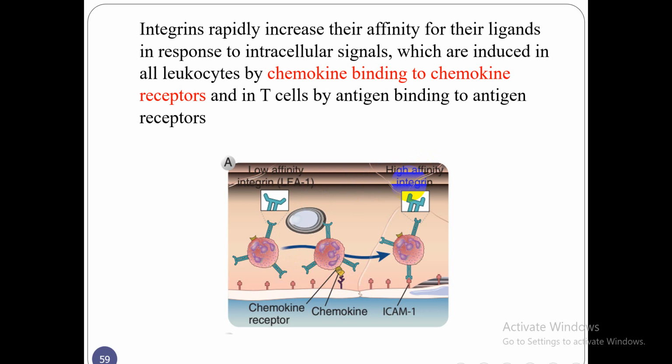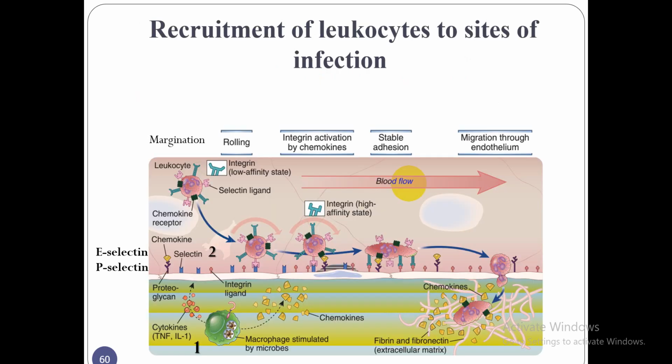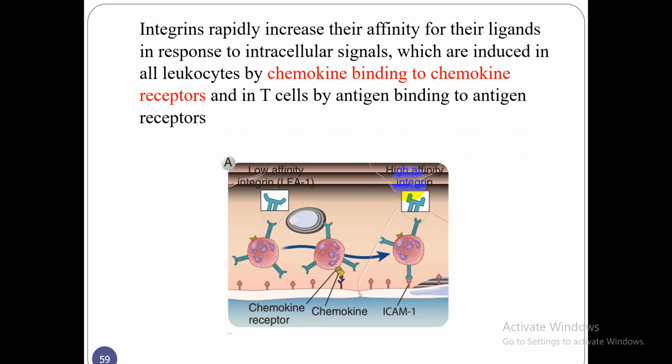So the interaction of chemokine and chemokine receptor could induce the increase in affinity of integrin for its ligand. And this high affinity integrin interaction could provide stable attachment of neutrophils after beginning of the inflammation.